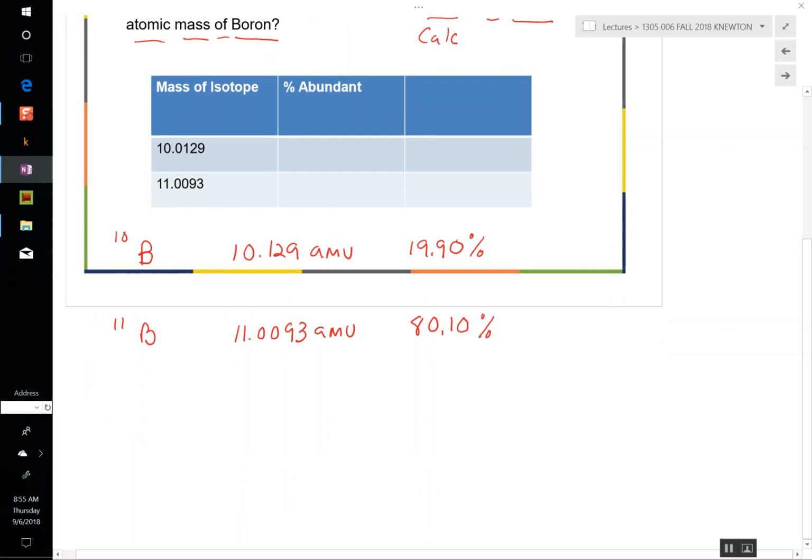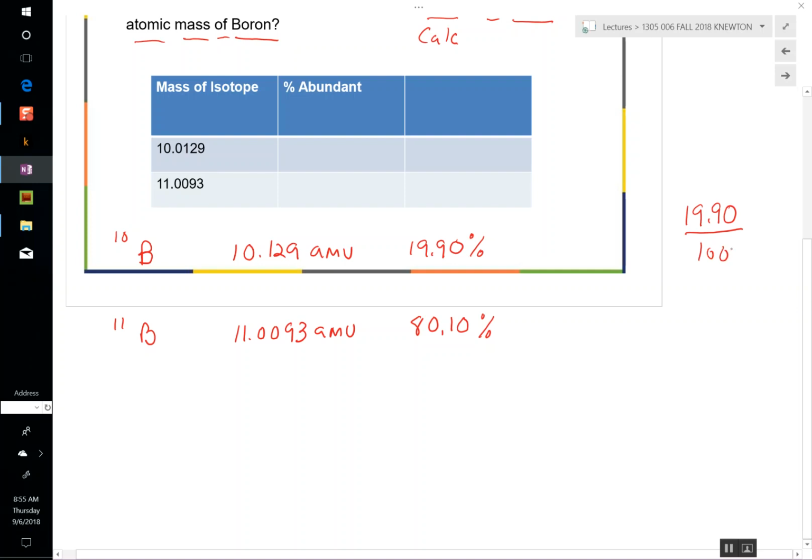Well, take the percent and convert it into a decimal. What is 19.9%? It's saying 19.9 per 100.